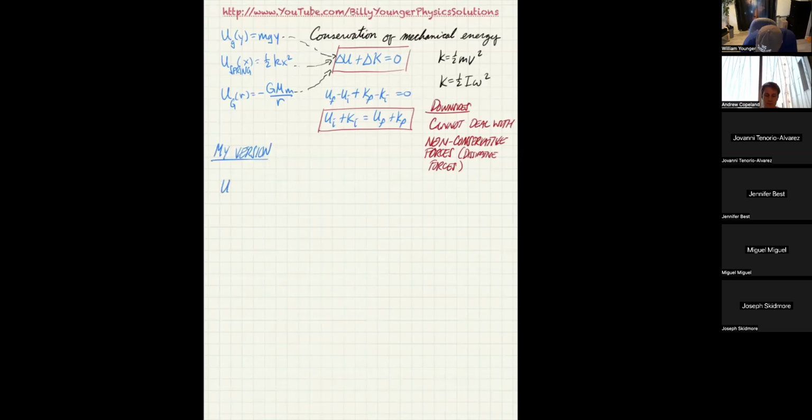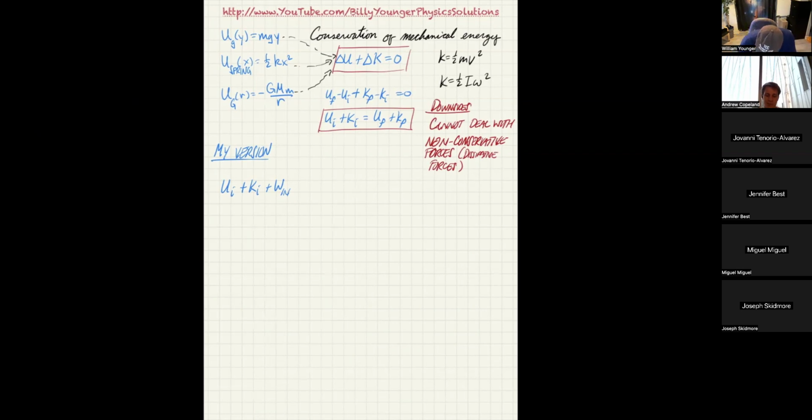I say U initial plus K initial plus the work you put in. Okay. It's very important that I'm saying work that you put into the system, and it's on the left-hand side. Another thing that's very important with this version is all terms are positive except possibly that U sub capital G. That's one that's always going to be negative because it's defined as negative.